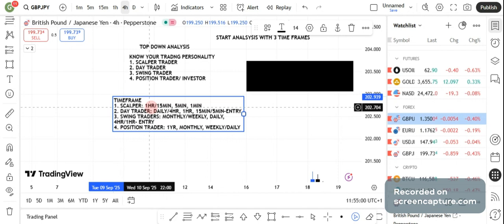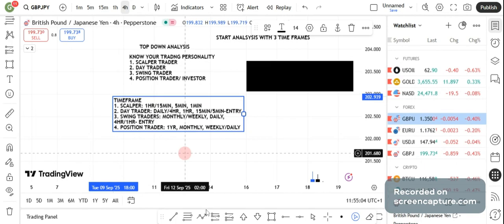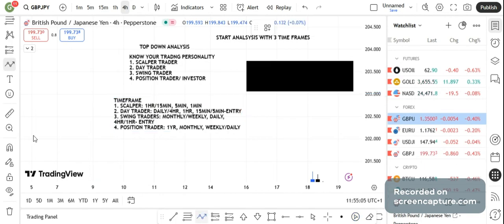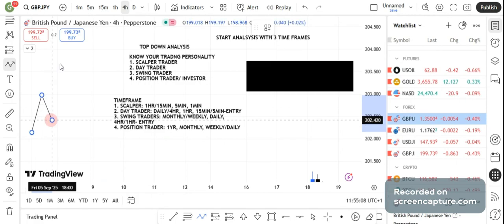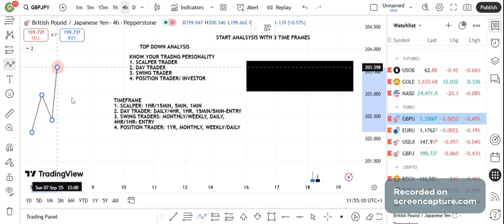Once you go to the 1 hour time frame, you'll be able to see if the trend is bullish or bearish. So the 1 hour time frame shows you the trend is bullish.